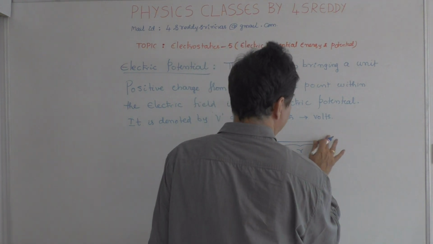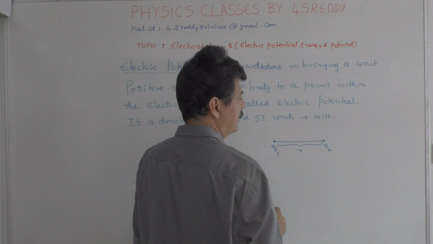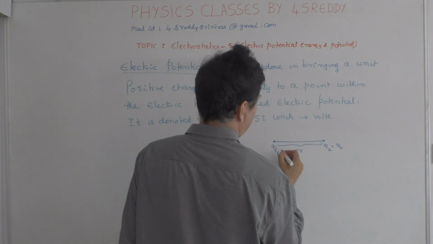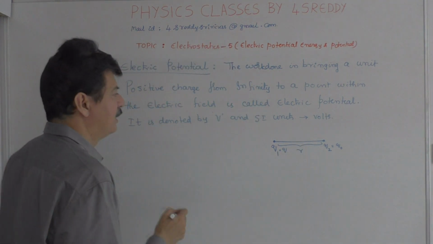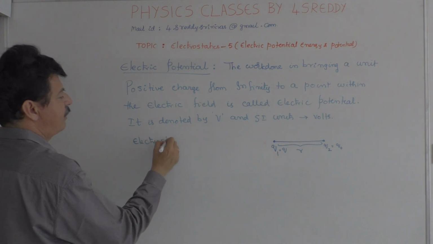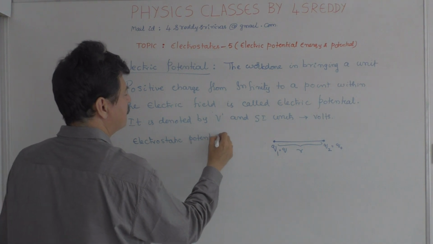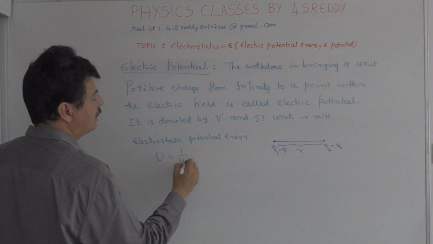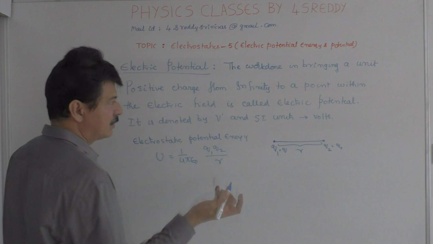Then, already we know that if this is Q1 and this is Q2, the electrostatic potential energy is given by U is equal to 1 by 4 pi epsilon naught Q1 Q2 by R.